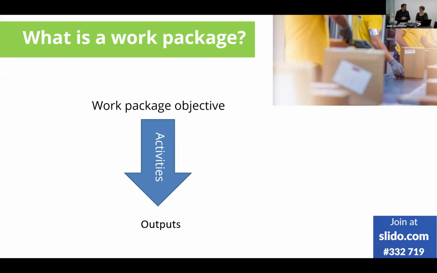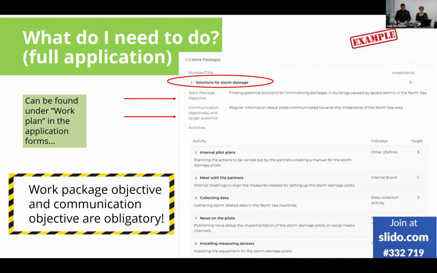But how does it look in the monitoring system? I'm asking Jenny. Yes, and I have a screenshot for you on this slide. It is taken from a full application from the online monitoring system. And you can find the work packages when clicking on the button Work Plan. So you can create new work packages and you can also edit work packages.